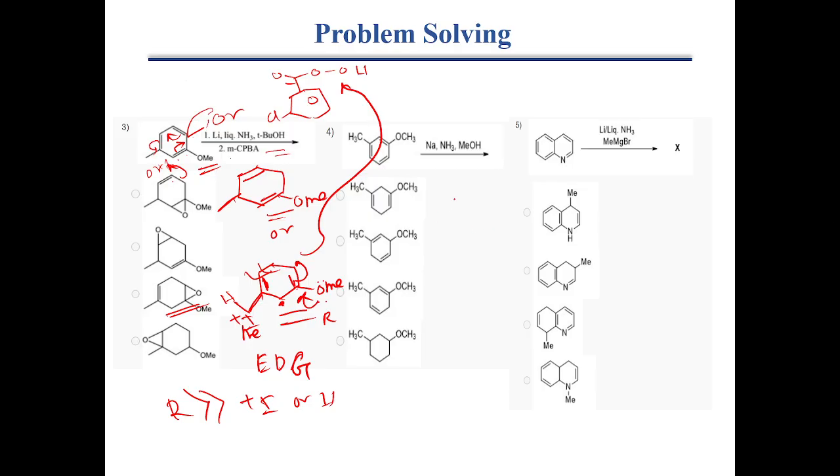The second question is the same as that. There are two possibilities. Ortho O-methoxy is also an electron donating group. This attack or this attack. If this attack happens, the arrow will move this way, this way, so it will give this product.